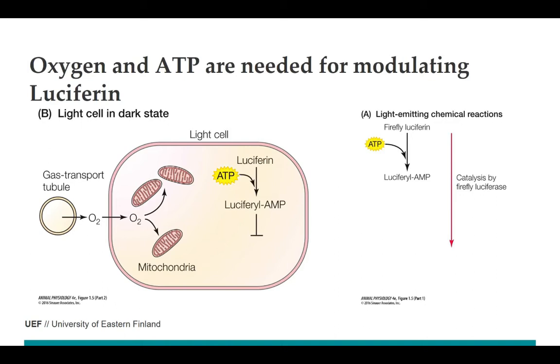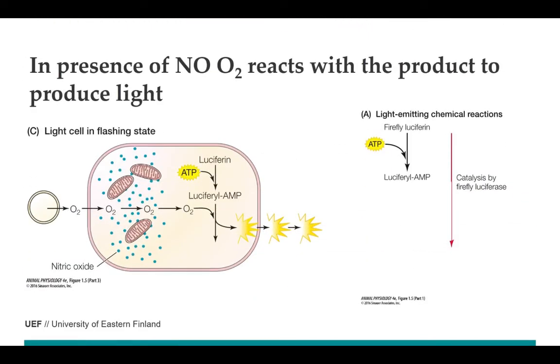But that's the place where this catalysis stops, because the oxygen is used by the mitochondria. But when the cell produces nitric oxide, the nitric oxide prevents oxygen consumption in the mitochondria.